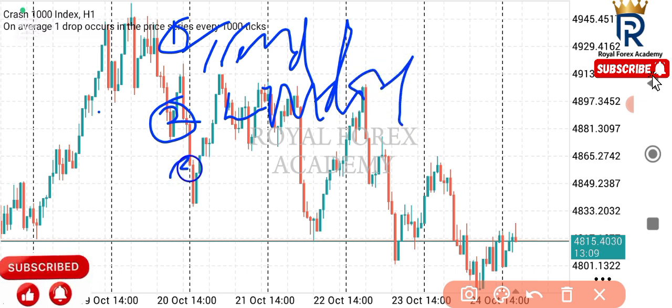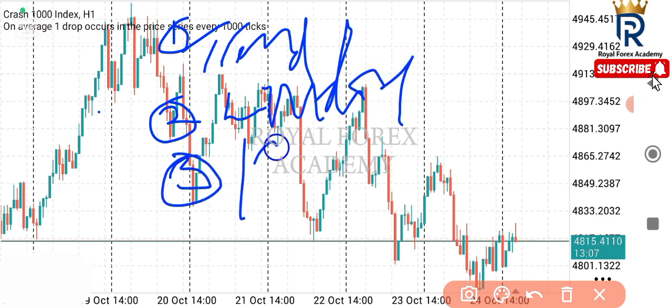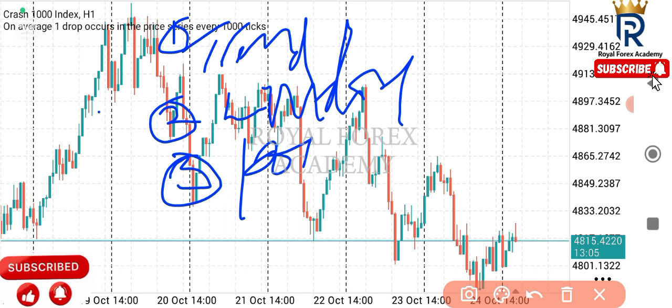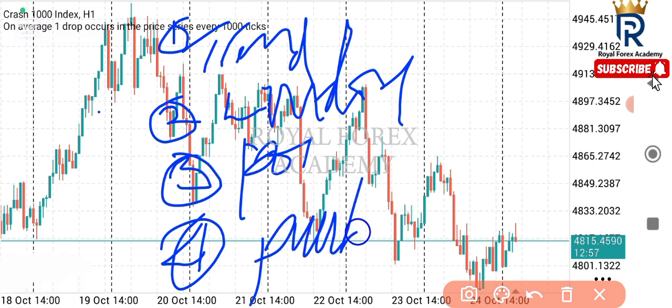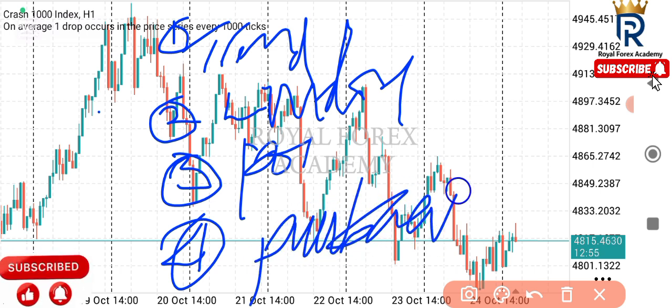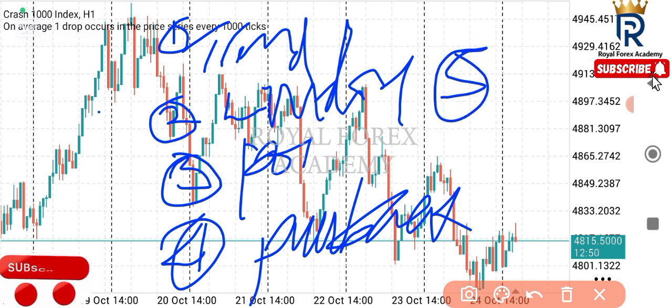After liquidity, you identify your point of interest, which is your POI. After your point of interest, you wait for price to pull back to your point of interest. And then after that pullback, you now get your what? Entry confirmation.